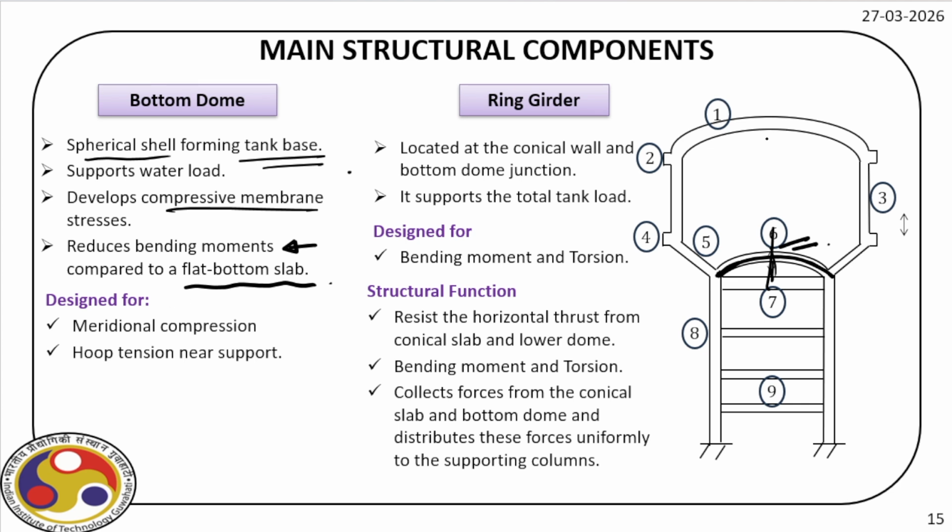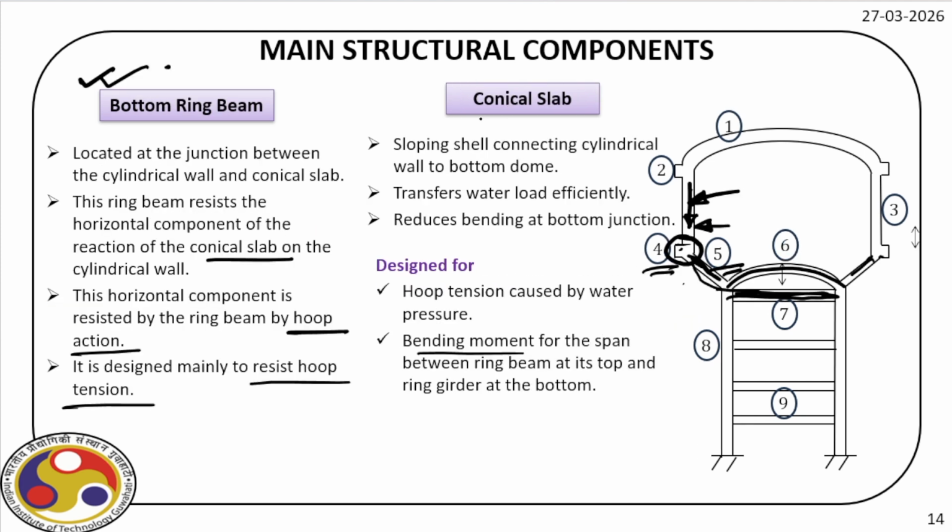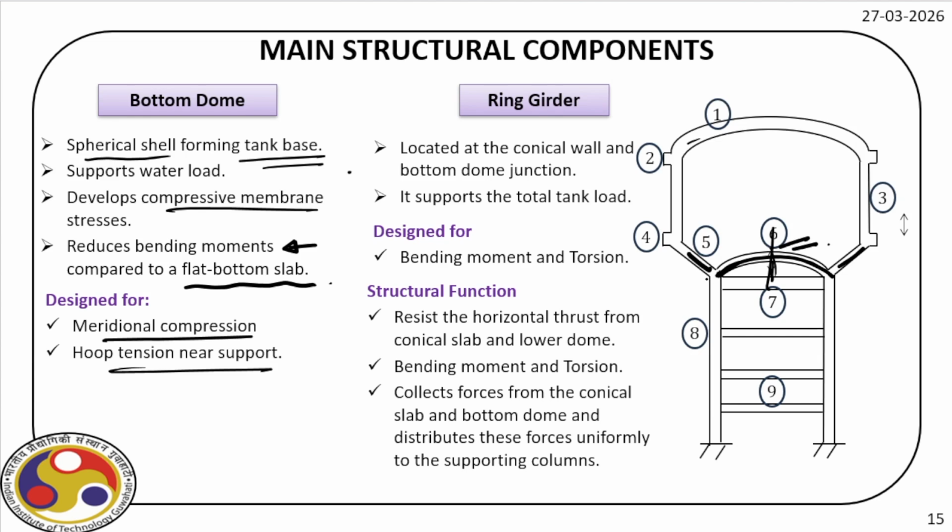Now again, just like we had earlier for the top dome, we have meridional compression and hoop tension near the support. Then let us see the ring girder located at the critical junction between this side wall, which is slanted, and that we covered here. So it is a conical slab, and then the bottom dome.